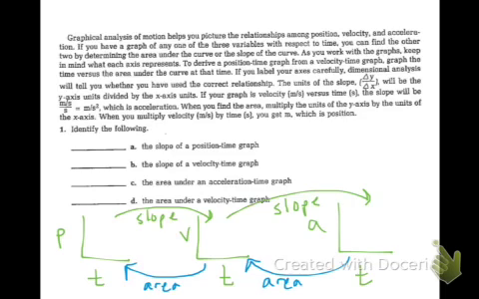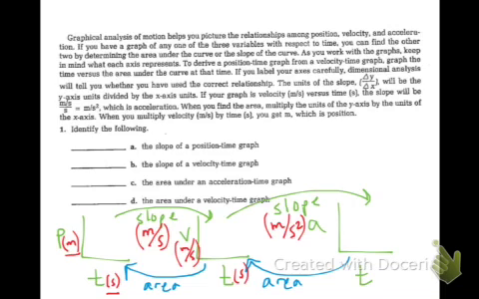The slope of a position versus time graph winds up being meters per second. Change in y over change in x. The slope of a velocity versus time graph is meters per second squared. Meters per second gives us meters per second squared.